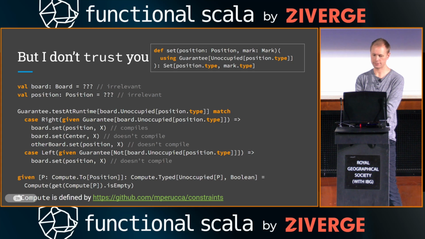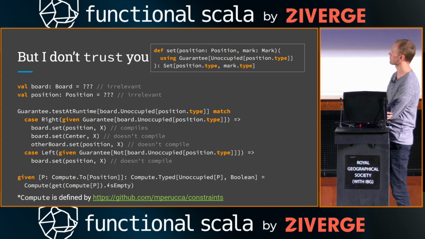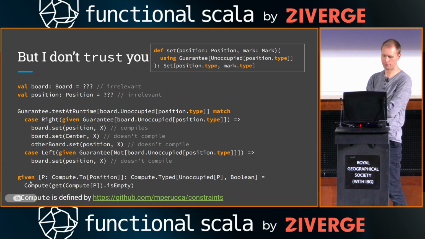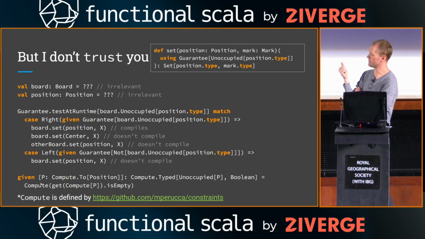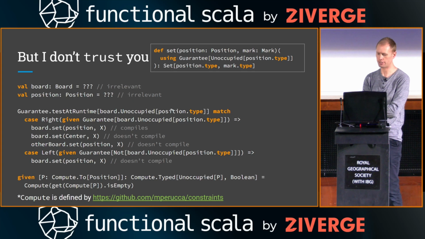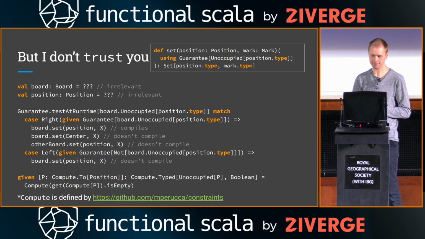So we're going to get the position on that board, and then we're going to see if it's empty. And then we create a compute out of that, and that is telling us, is that spot empty on the board? And when we implement this type class, it makes it so we can use this test.runtime with this unoccupied, test this constraint.